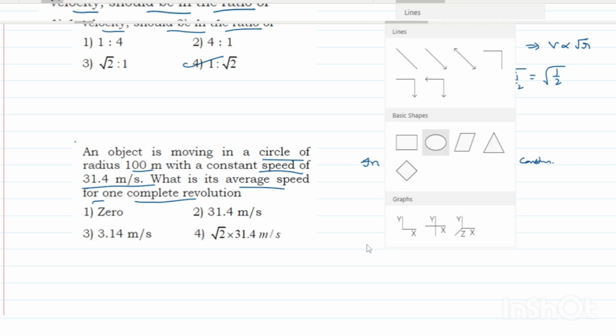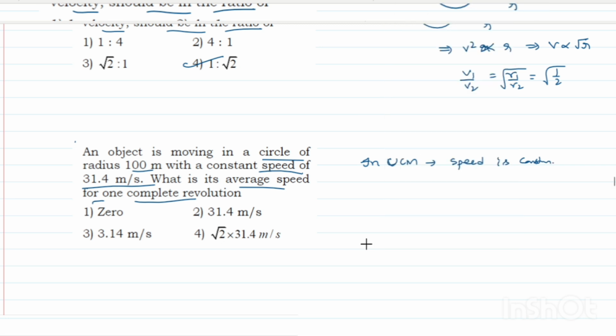The magnitude of velocity is what we call speed. But the velocity direction alone changes, tangentially, while the speed always remains constant throughout the circular motion. Speed is a constant value.